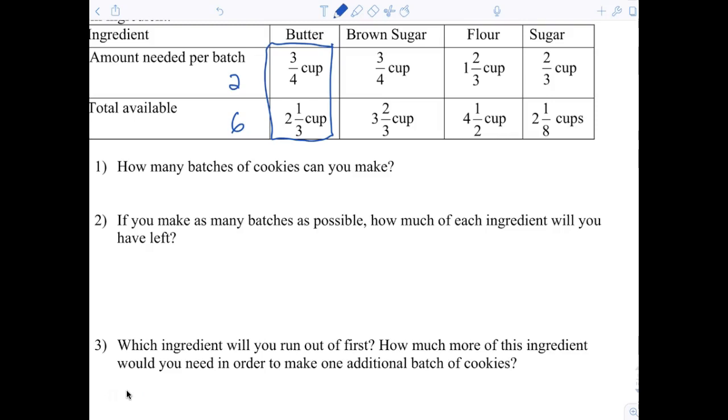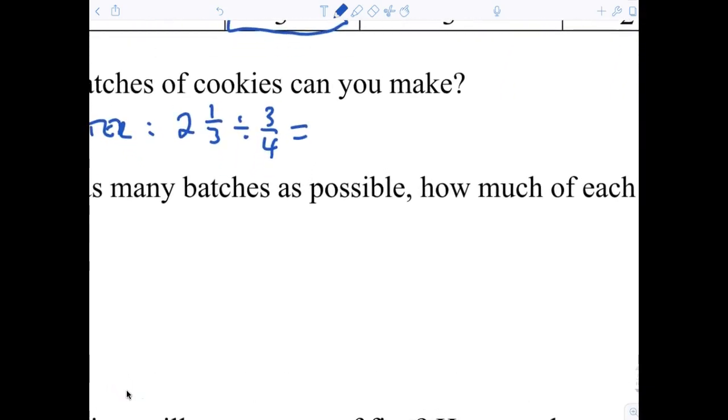We just did 6 divided by 2, right? So if all I needed was butter, I would just have to take 2 1/3. Now everybody, I want you to put butter down, and I want you to say 2 1/3 divided by 3/4. And somebody tell me what that is using your calculator.